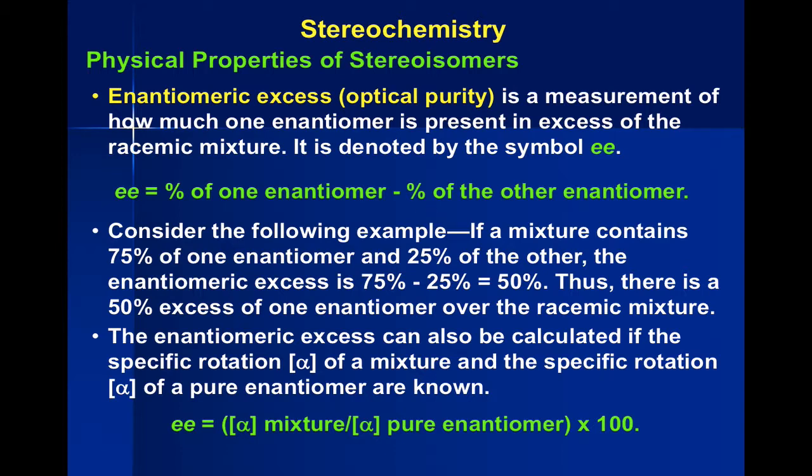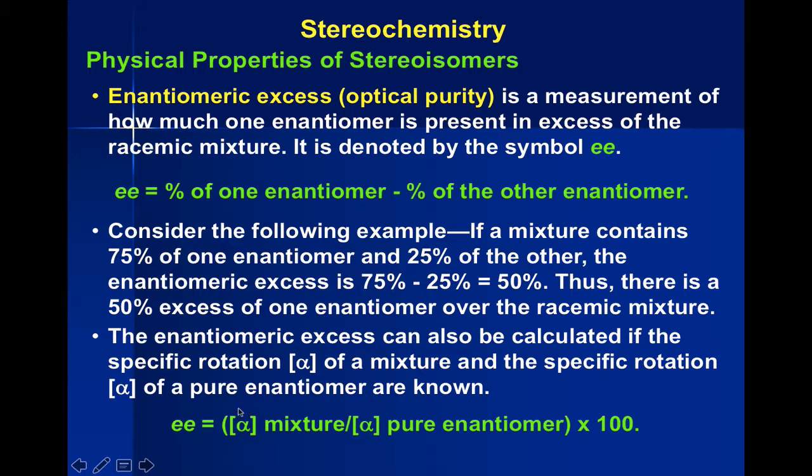So, for example, if we have a 3-to-1 mixture of enantiomers, so 75% of the compound is one enantiomer and 25% is the other, the enantiomeric excess is actually 50%. So you subtract the two numbers. And thus there is 50% excess of one enantiomer over the other. That's basically what percent EE gives us.